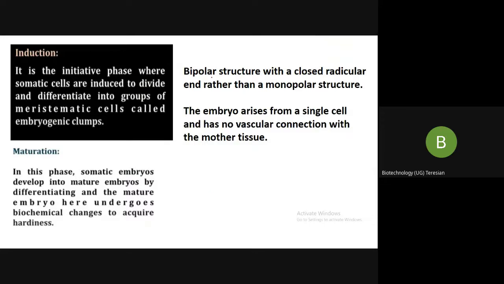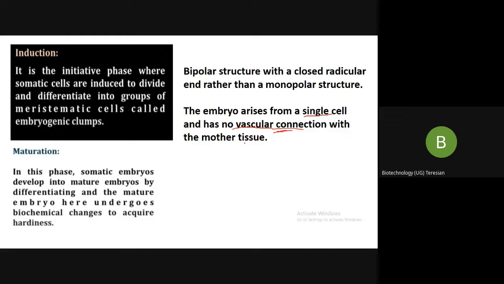Look at this point. The bipolar structure with closed radicular end rather than monopolar structure. So we don't find a monopolar structure in the embryo. Instead, we find a bipolar structure to form the shoot and the radicle. The embryo arises from a single cell and has no vascular connection, important point, with the mother tissue.